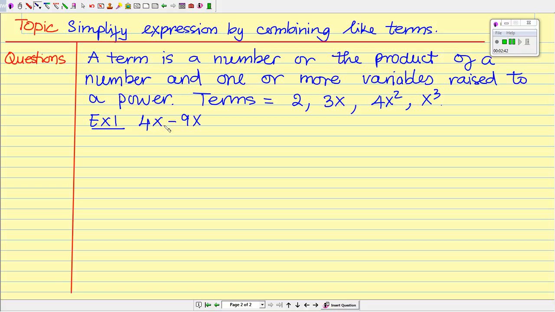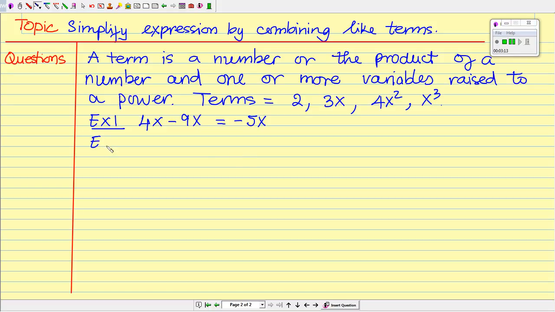So first we can see that these two terms are like terms because they have the same variable and the same power or exponent, in this case 1. So therefore you are going to subtract the coefficients. Think about 4 minus 9 will give you negative 5, and then just copy the variable.